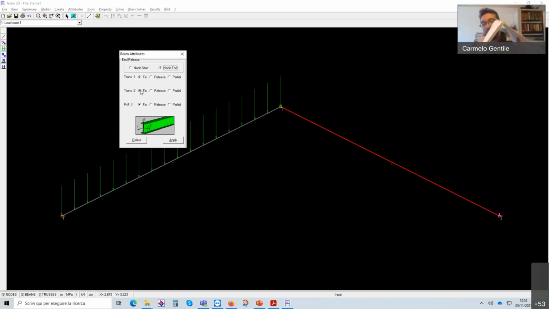This is an internal hinge between these two parts of the nodes. So we are fixing it too. The rotation as well has to be released completely, not partial. If we go on partial, you will ask a stiffness, as if it was a spring. But we want to release it all. Apply.